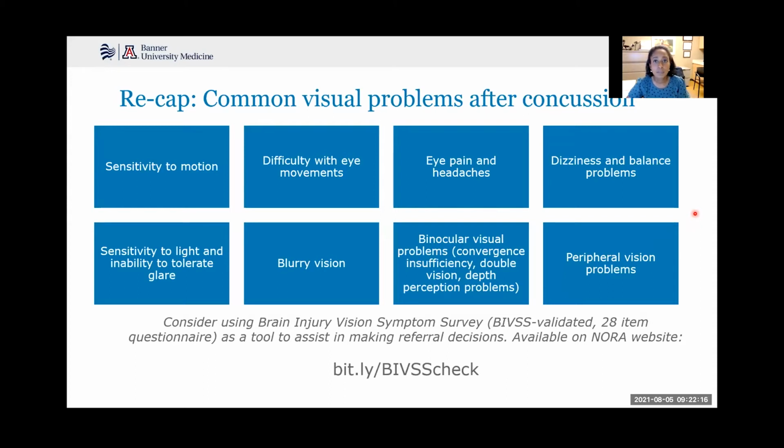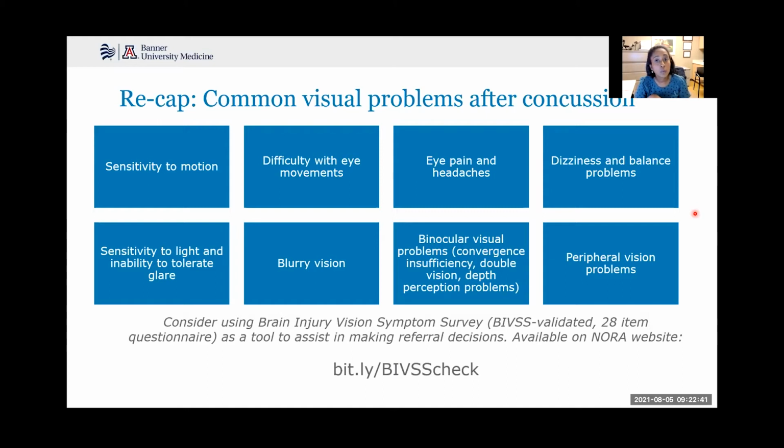So I think it's just important to consider that questions are important. Asking these people questions about, are they having sensitivity to motion, sensitivity to light, balance problems, difficulty with eye movements, depth perception changes, headaches, eye pain. These are all things to consider and look for and likely expect if there is a suspected brain injury.